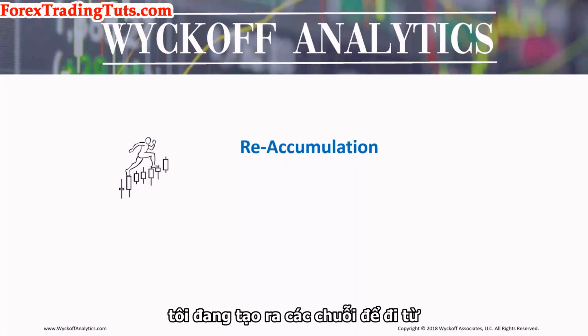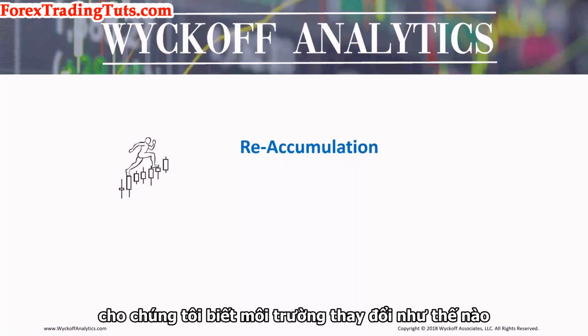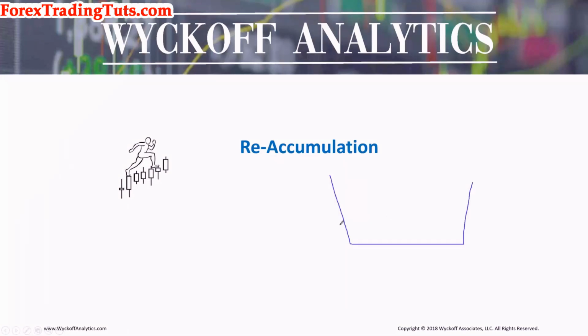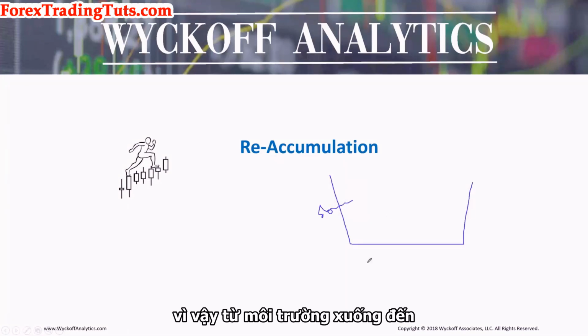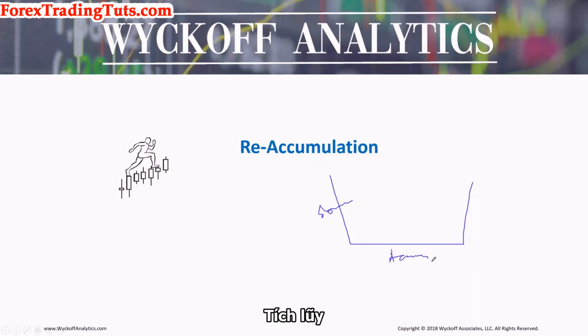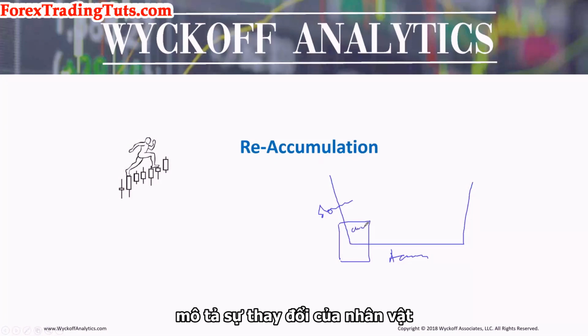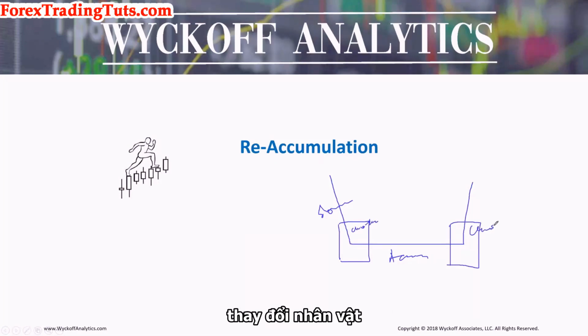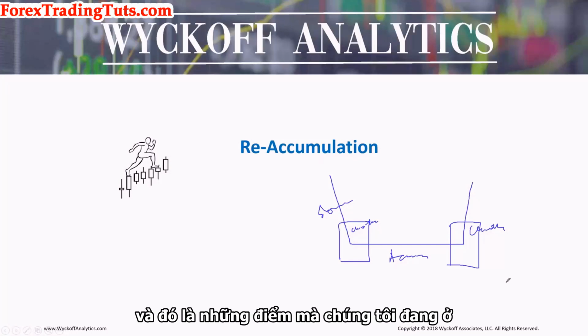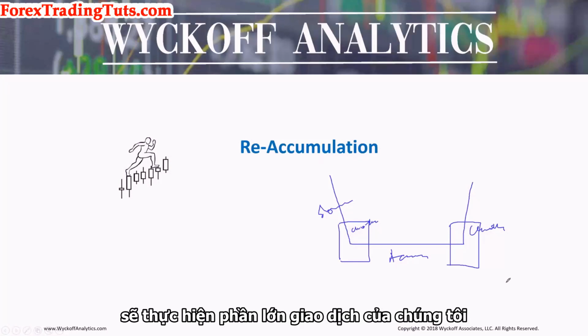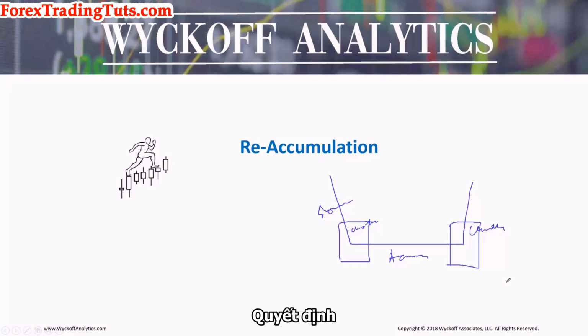So going from a change of character that basically tells us how the environment changes, from the down environment to accumulation. This is the change that we've described, a change of character. And this is a change of character. And those are the spots where we're going to make the majority of our trading decisions.